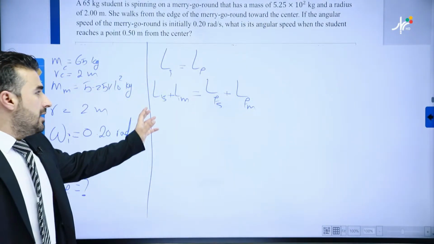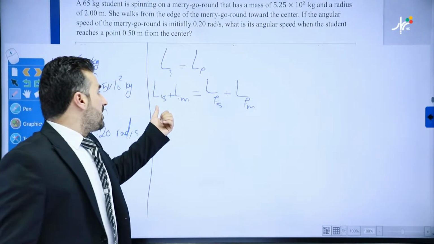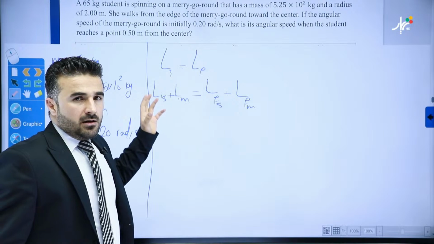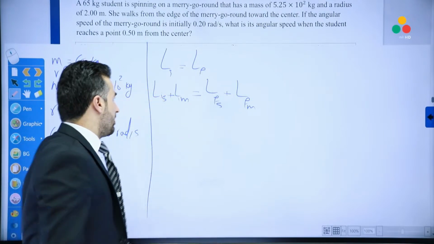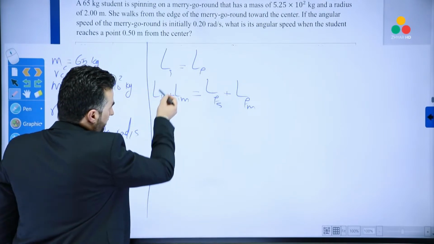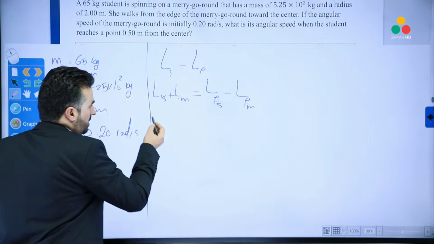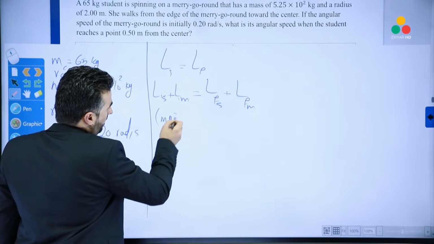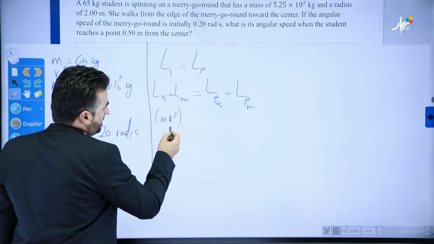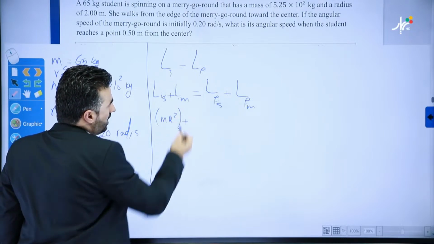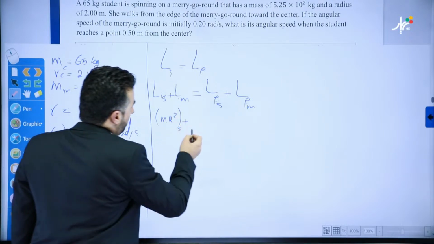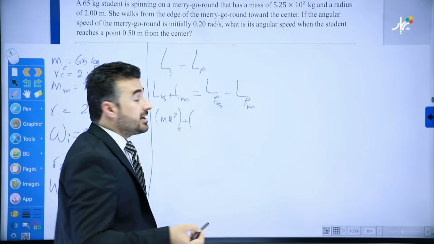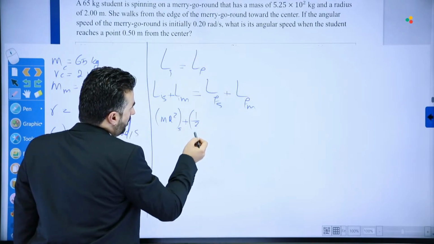But take a look here. What is the angular momentum for each one of these? We can say the angular momentum for the student is going to be mr squared. All right, that is for the student, and then plus. What about for the merry-go-round? Of course, it is like a disk in this case, so it's going to be 1/2.